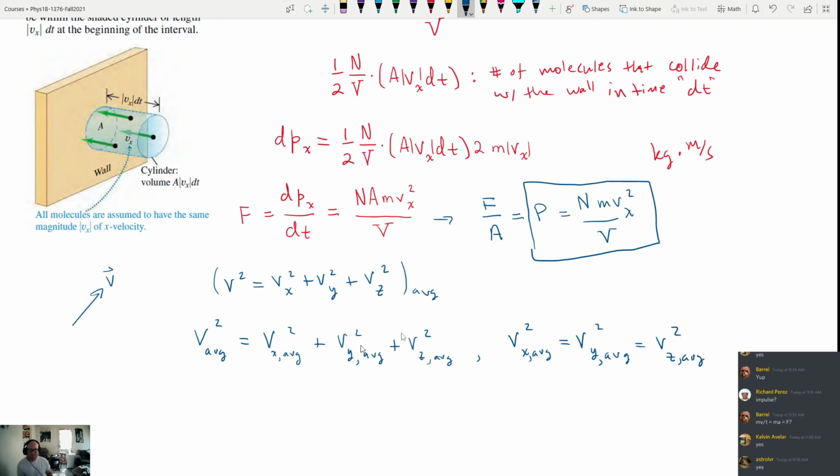Which means that we can write V average squared as being equal to 3 times Vx average squared. Because if they're all equal to each other, you get 3 of them. Which means that Vx average squared is going to be equal to V average squared divided by 3.